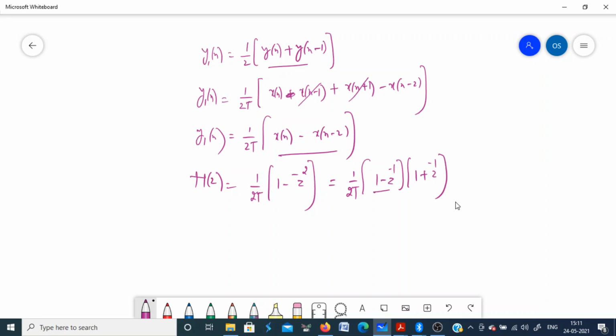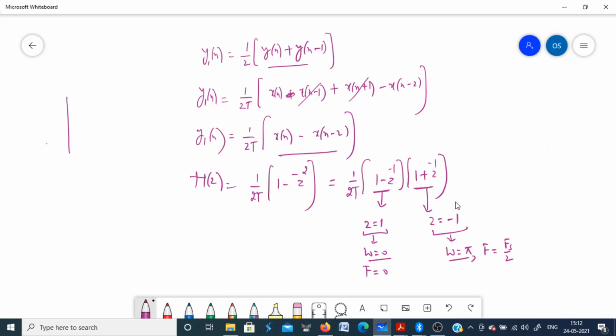Now see, this system has two zeros, one at z equal to 1, another at z equal to minus 1. z equal to 1 is basically DC frequency, that is omega equal to 0, and z equal to minus 1 corresponds to omega equal to pi. In terms of frequency, it is f equal to 0 and omega equal to pi is f equal to fs by 2.